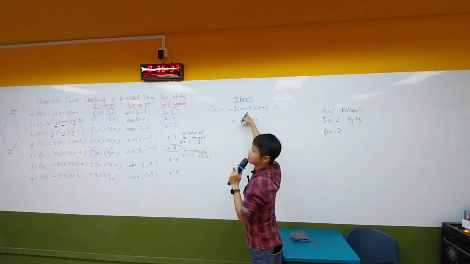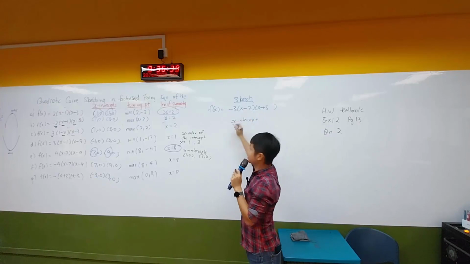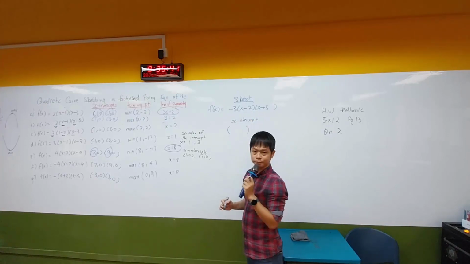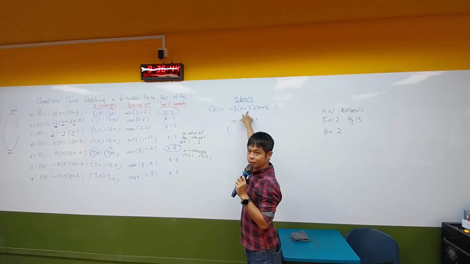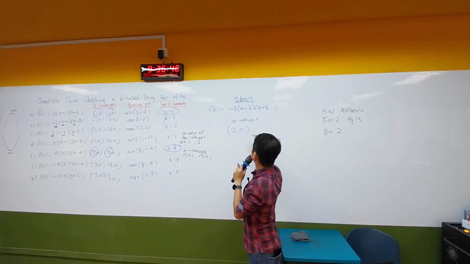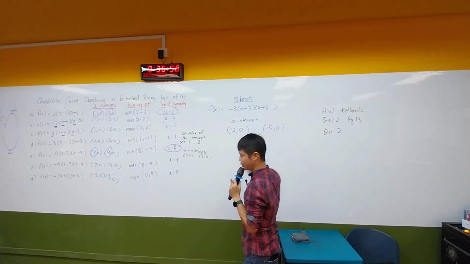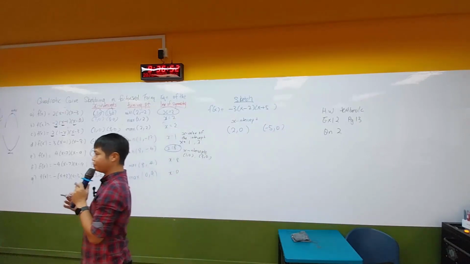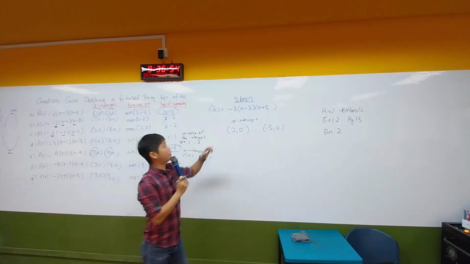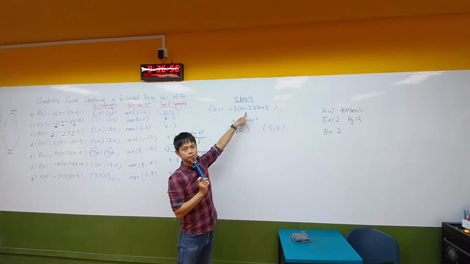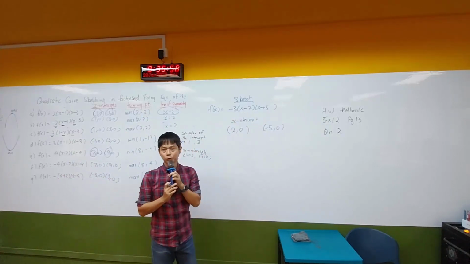So the x-intercepts, what are they? Look at this number: (2, 0) and (-5, 0). So we learn one thing now. This is how we find the x-intercepts in the factorized form. We just take this. How do we get 2?